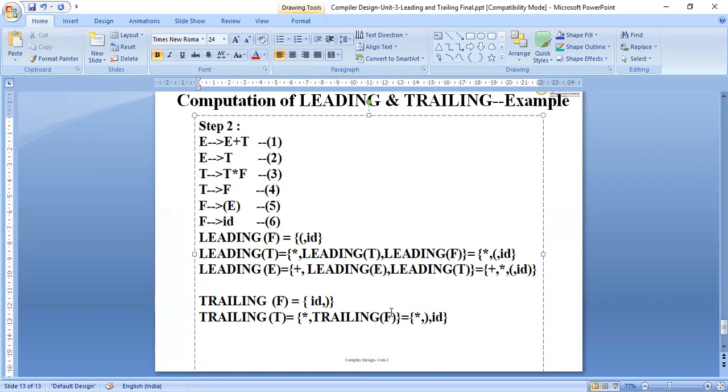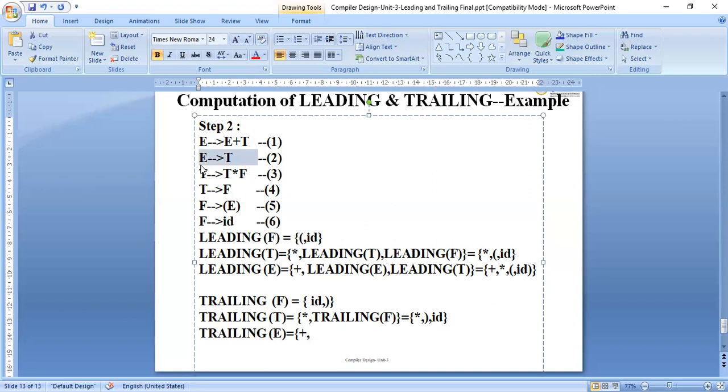Now the last and final stage is finding trailing of E. So how to find this? We have to consider again these two. As per rule 1, we have to act. From the last, what is the first terminal symbol? Plus. Is there any terminal symbol here for the second production?